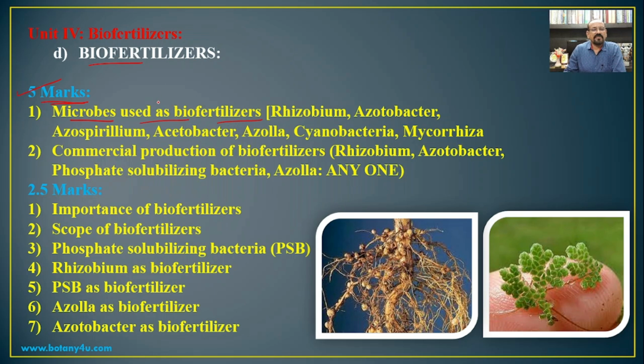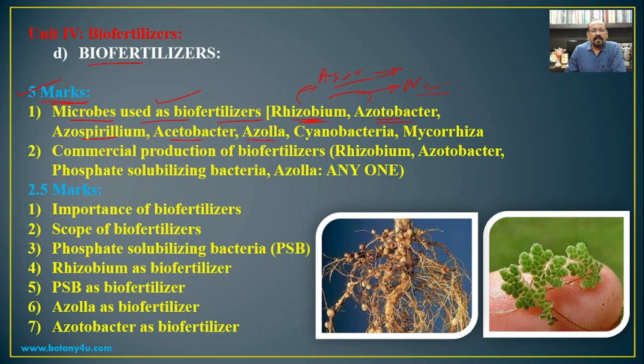When this question is asked, I have specially mentioned that you have to provide details regarding Rhizobium and Azotobacter, and both of these are nitrogen fixing bacteria. Rhizobium is found in association with the root nodules of plants, while Azotobacter, Azospirillum and Acetobacter are free living organisms.